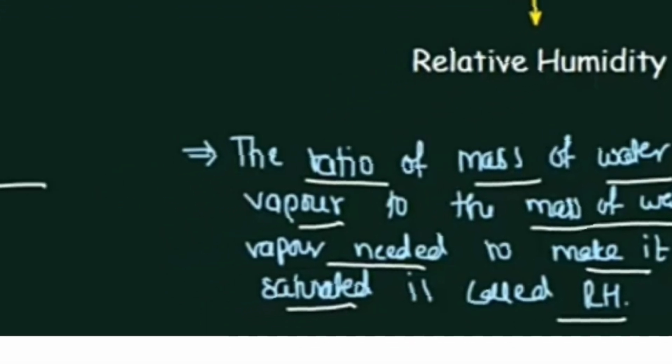In short, I have written it as RH. I repeat, it's the ratio of actual mass of water vapor contained in the air for a given volume and temperature to that required to make the air saturated with vapor at whatever temperature you have taken into consideration. That only is called relative humidity.